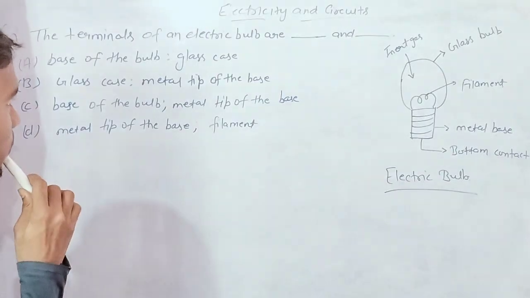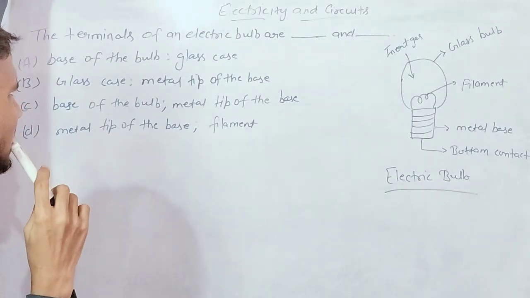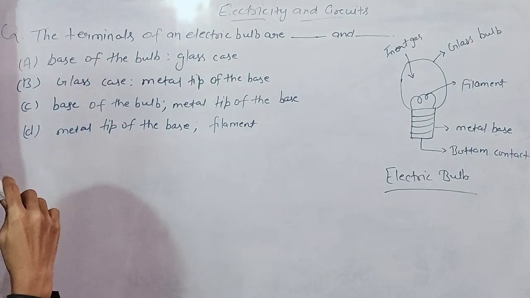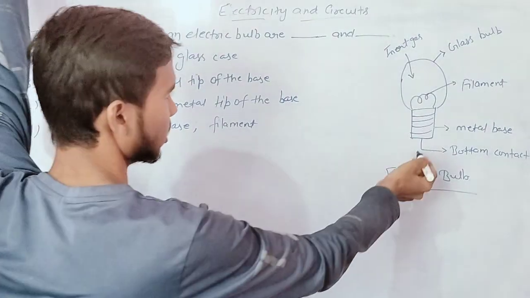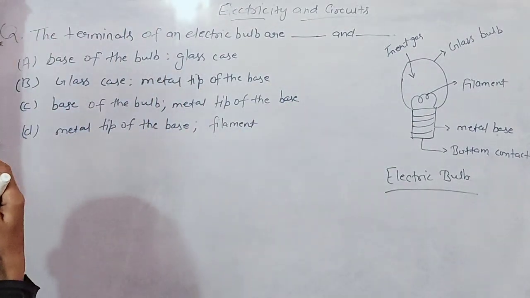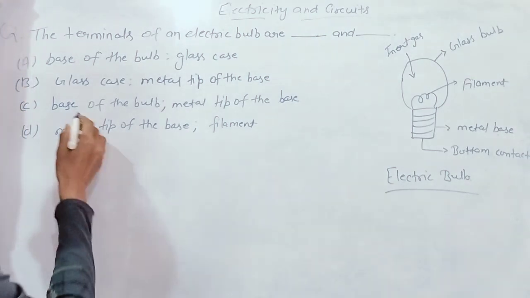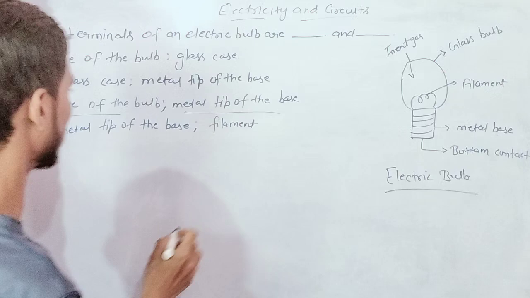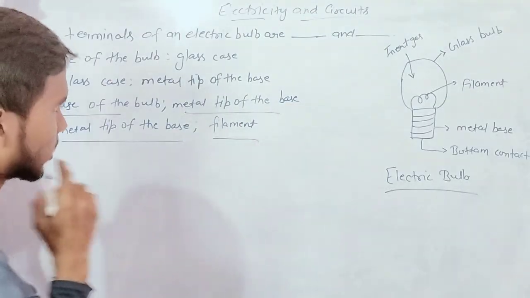Base of the bulb, this is the base. Glass case, metal tip of the base. So this is one, this is the second terminal.